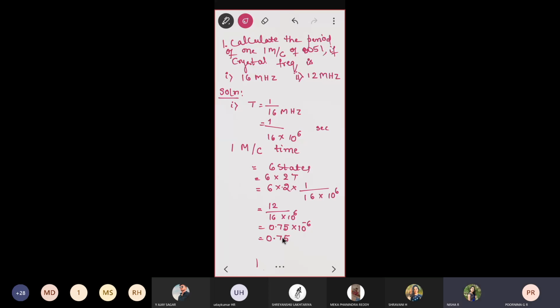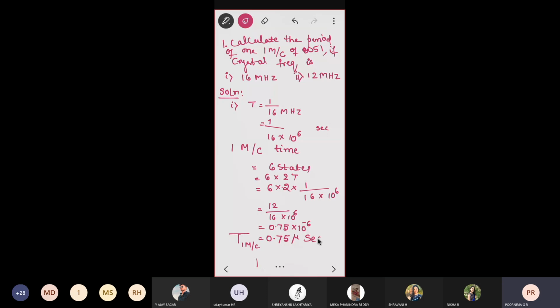What is the unit of time? Seconds. So T for one machine cycle is equal to 0.75 microseconds.